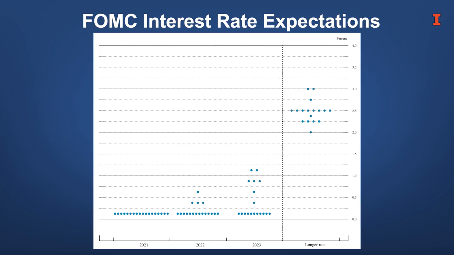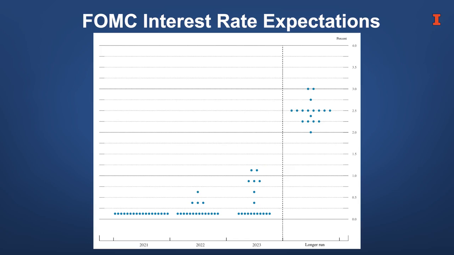In 2021, no participant expected an increase from zero. By 2022, 4 participants think that the economy will have recovered sufficiently to increase the federal funds rate at least once. By 2023, almost half of the participants see the federal funds rate increasing.